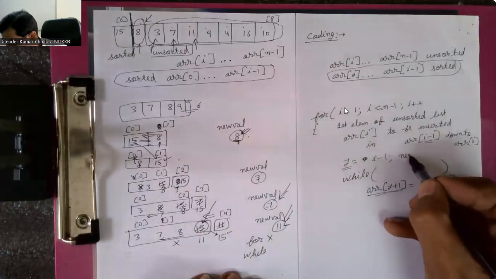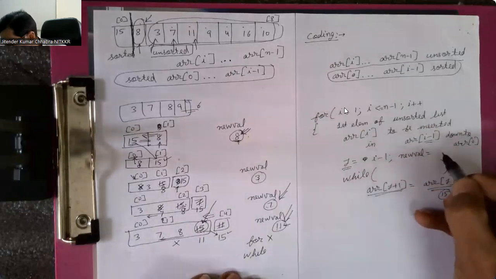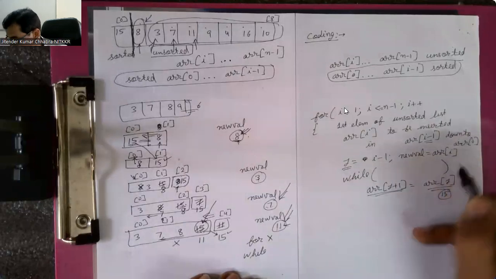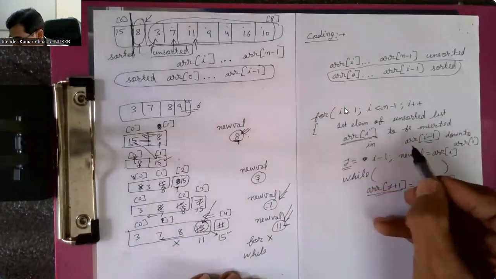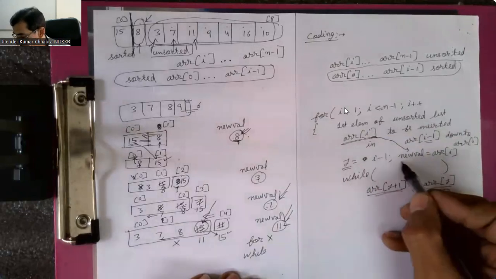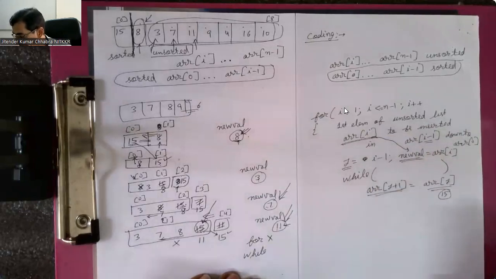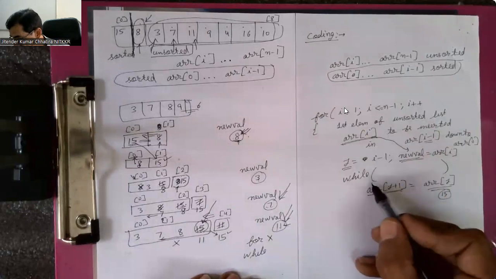So before that, I must have taken some new variable, val, for the arr[i] I wanted to be inserted. This value has been saved in the new variable, newval, and now that location is free.